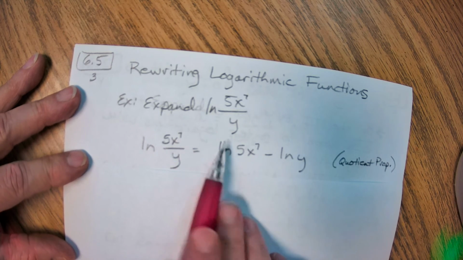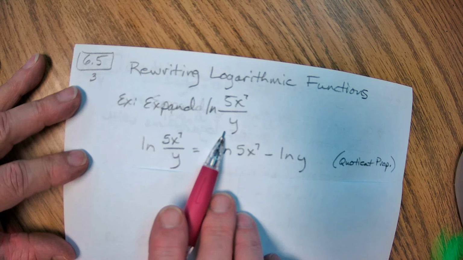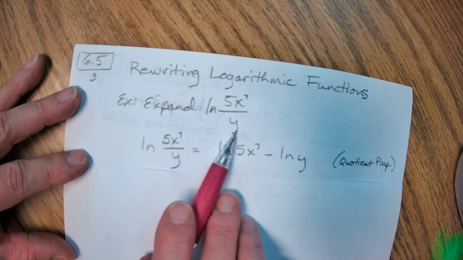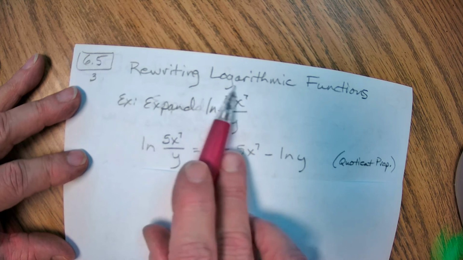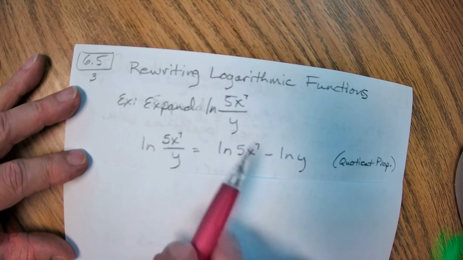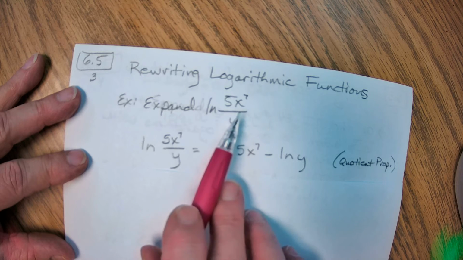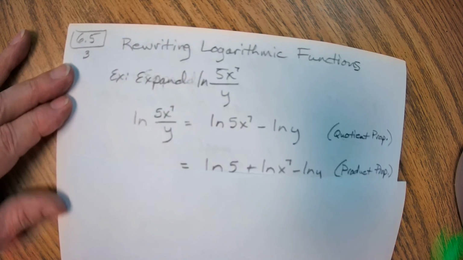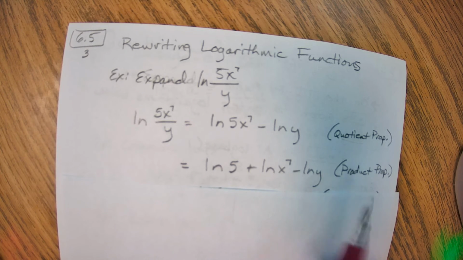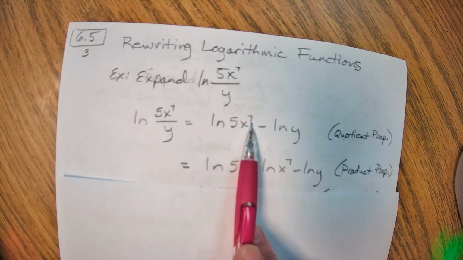Okay, so I know from the properties that we just discussed that when you're dividing, this is the same thing as the natural log of this numerator minus the natural log of the denominator because of the quotient property.